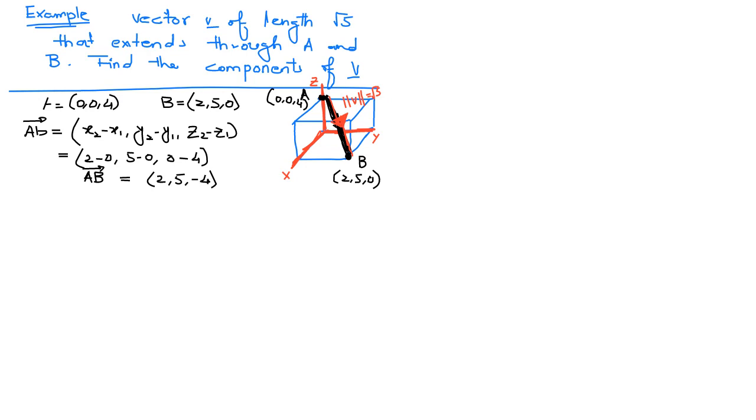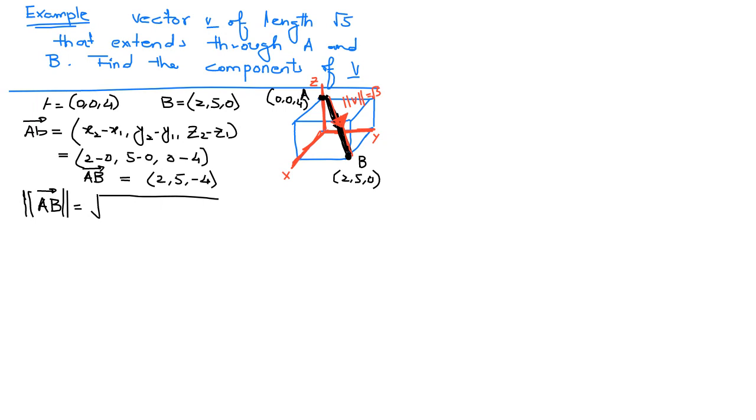So if the vector is given, can we find the mod of that vector? Do you know how to find the mod of that vector? We already found the vector.